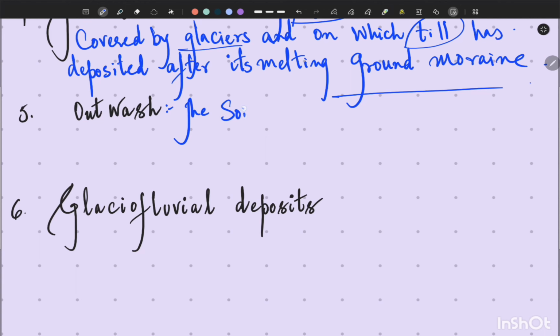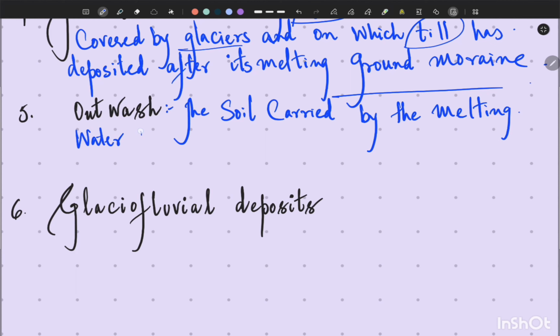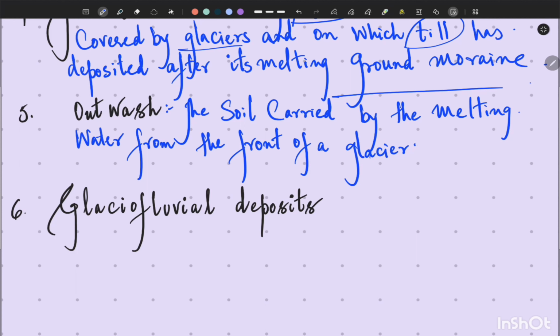The soil carried by the melting water from the front of a glacier, those soils are termed as outwash. All right, so this was the definition of outwash.